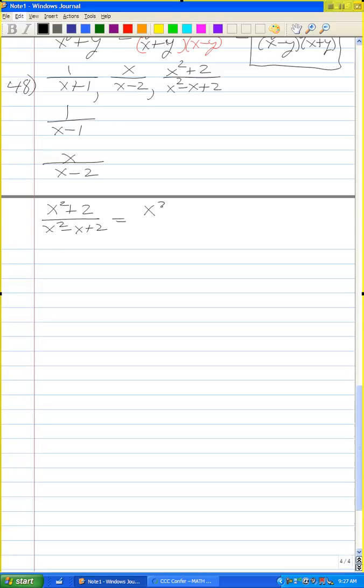Let me factor the denominators. And so I get x minus 2, x minus 1. And so these have already been factored. So the least common denominator is just x minus 1, x minus 2, x minus 1.